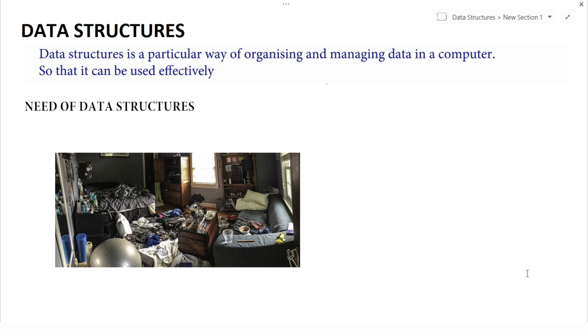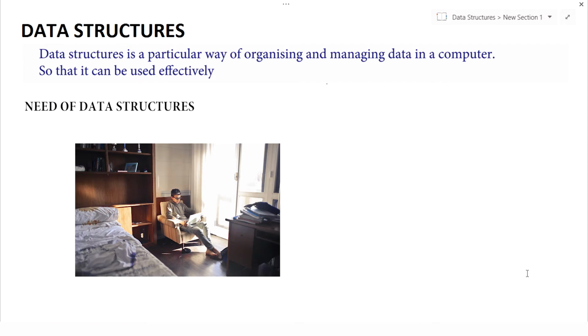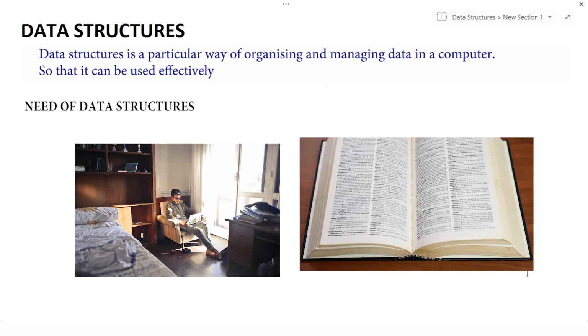Now imagine the other case, a clean room where every item is kept in an organized manner. Clothes in the wardrobe, books on the shelf, and so on. Now, if you need any item, you know exactly where to search. Another example we can take is of a dictionary. There are thousands of words in a dictionary.